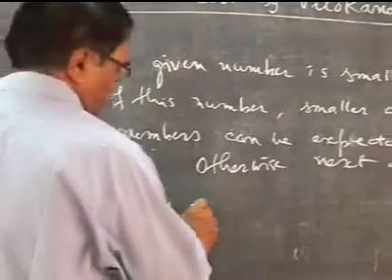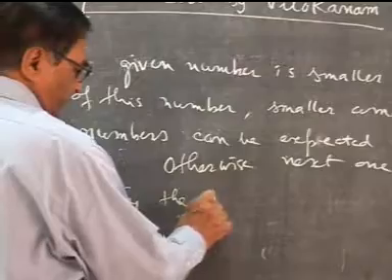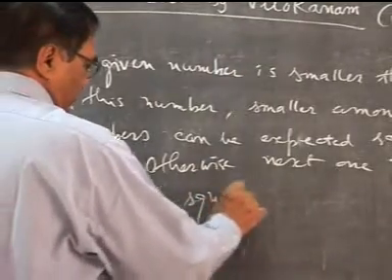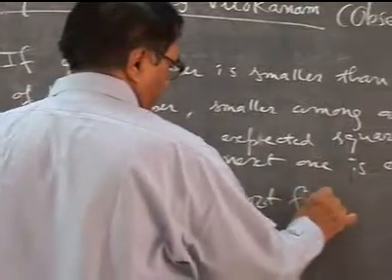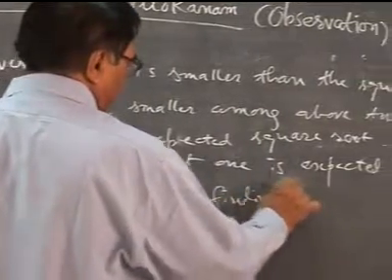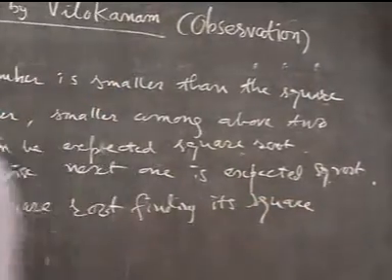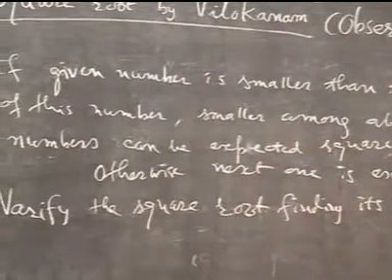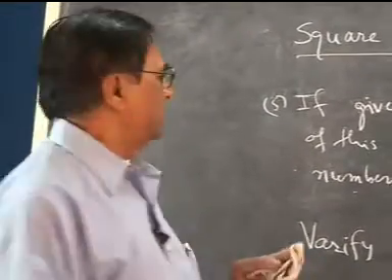Verify the square root, finding its square. So these are the different steps by which you can decide the square. Now let's see, take some illustration and decide it.